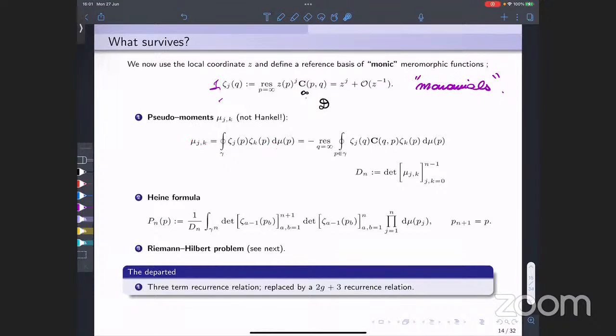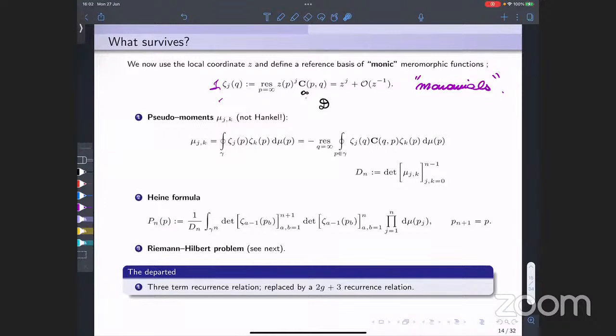And then a little exercise gives you a formula in terms of the Cauchy kernel. Then define this determinant, which is the analog of the Hankel determinant of the moments of orthogonal polynomials, except that it's not Hankel because they don't depend on the sum. And then many things happen. For example, you have the Heine formula for these orthogonal, quote-unquote, polynomials.